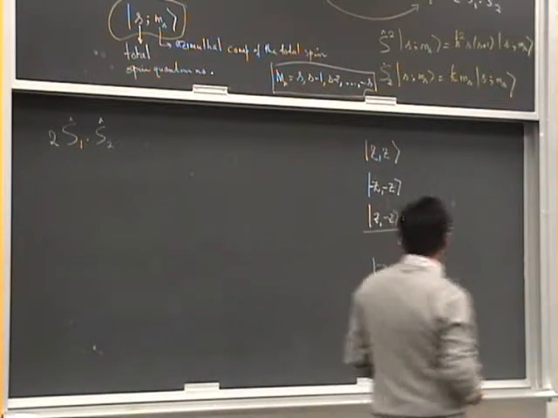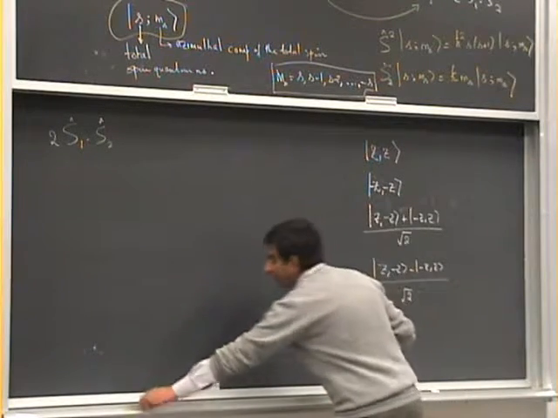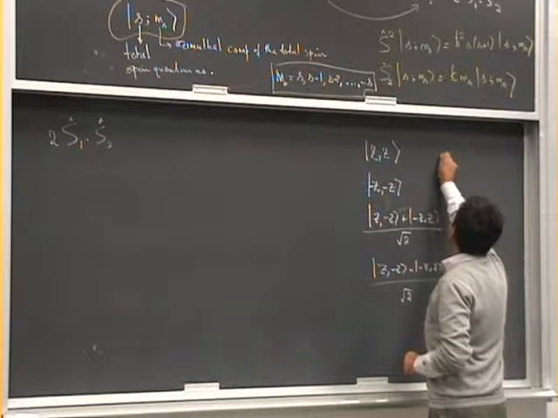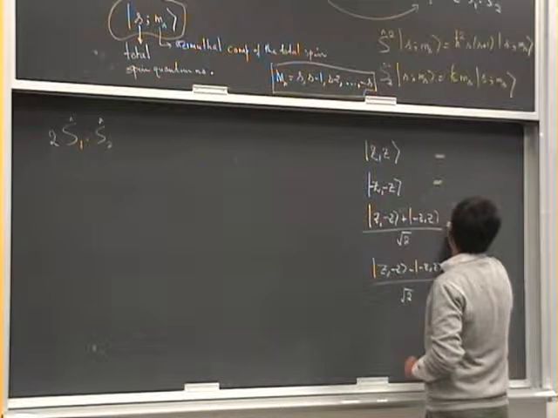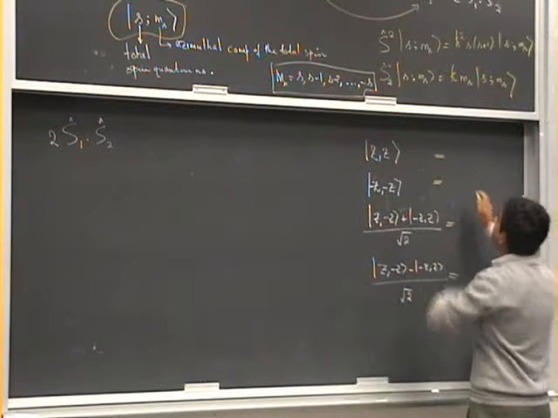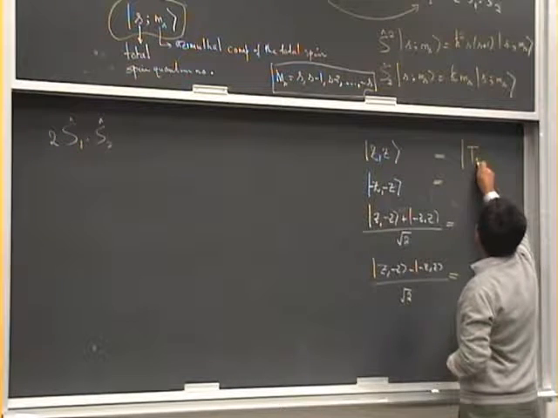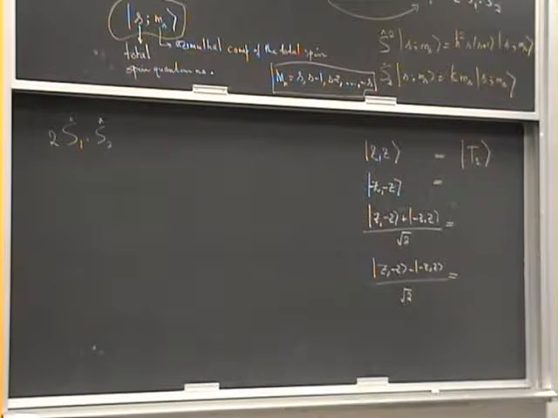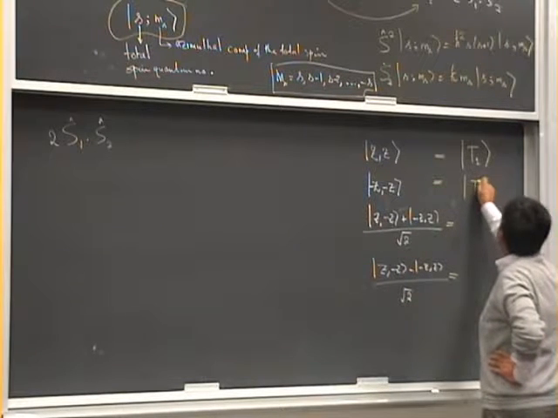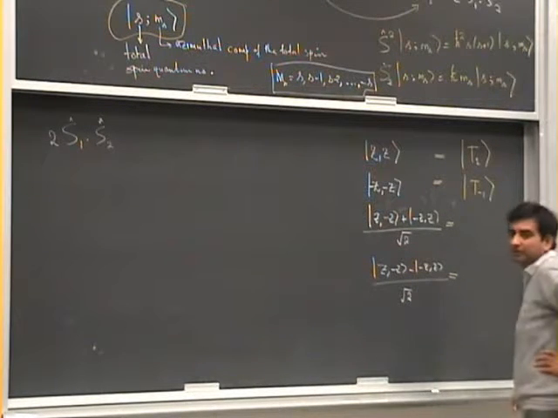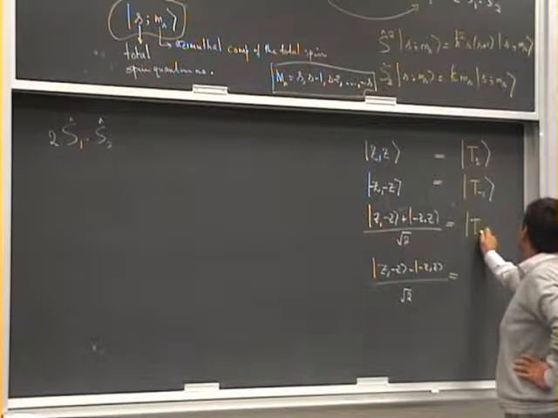Correct? That's the answer. Okay. For simplicity, I would like to label these states differently. I would like to call this state T1, T subscript 1, for reasons that become clear later. I would like to call this state T minus 1. I would like to call this state T0.